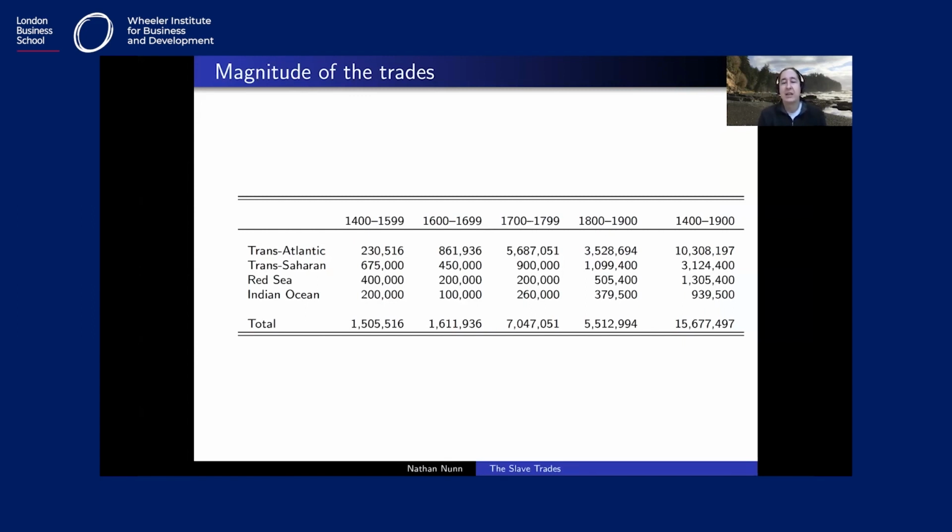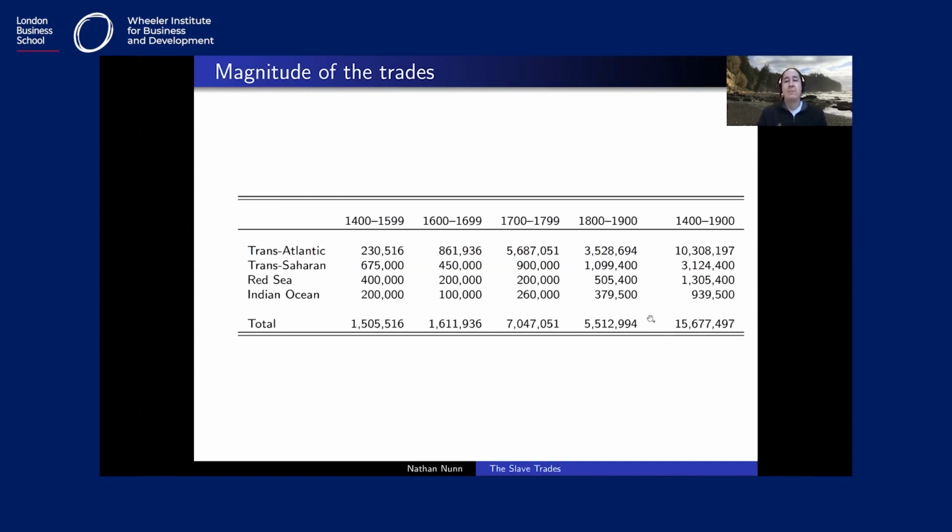This is certainly an underestimate, and an even larger underestimate of the number of individuals who were raided and died on the way to the coast, or died before arriving at the final destination. This is the estimated number of individuals that arrived at their destination.